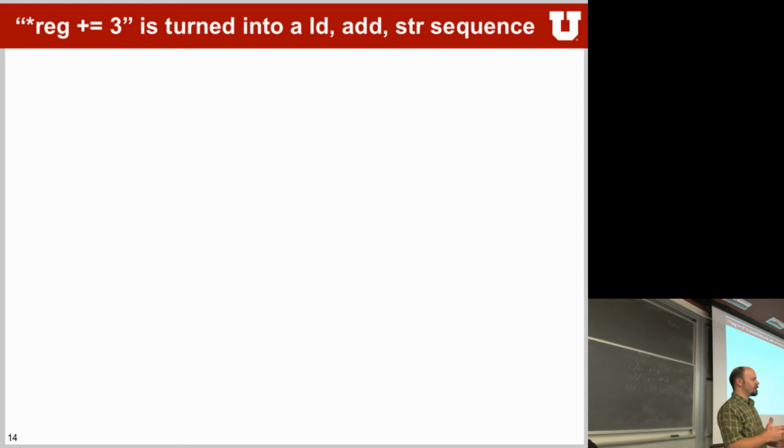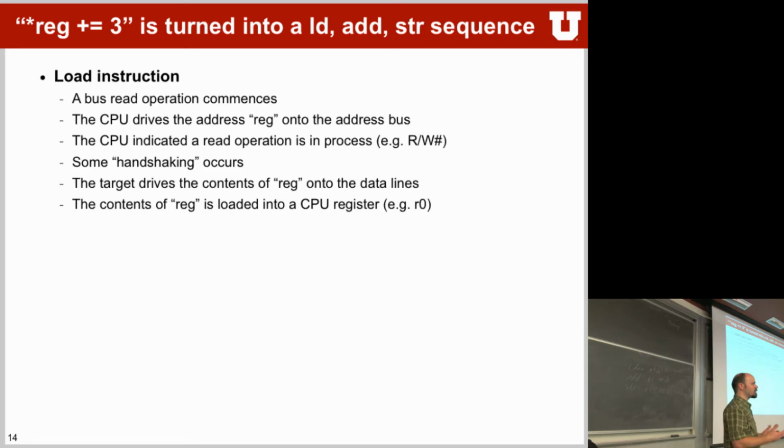So if you now go one layer down, now we know which instructions they are. The load instruction will be put into a bus access, right? Because now we want to get something from the memory, which sits on the bus. It's not inside of our core. So it will get put into a bus operation. The CPU will drive the address of the register onto that bus.